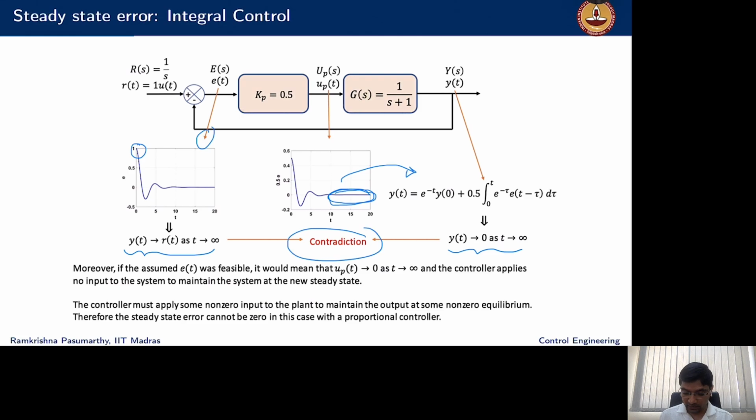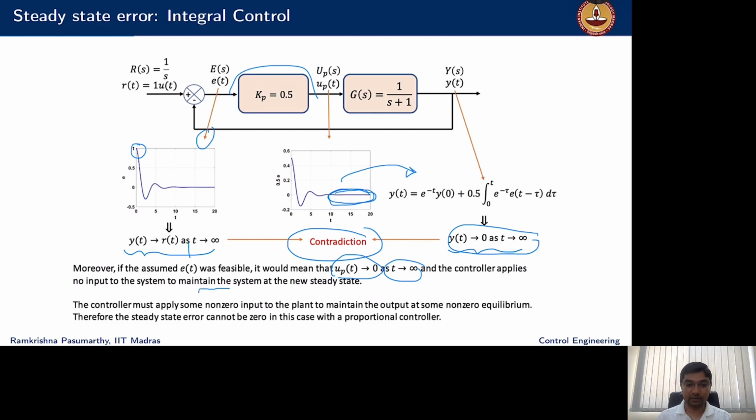What is the contradiction? I assumed that my error goes to 0 in the steady state, which also gives me that my output goes to 0 at steady state, largely because of the simple math here. So if e(t) going to 0 was feasible, it would mean that u_p goes to 0, because that is the input to the plant as t goes to infinity, and the controller applies no input to the system to maintain the new steady state.